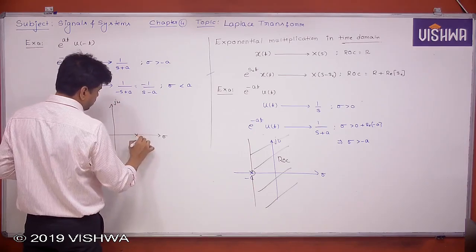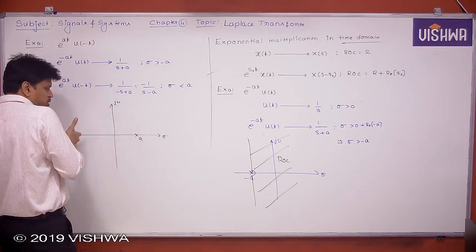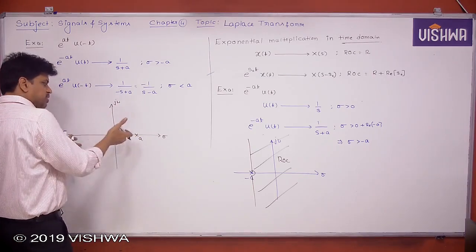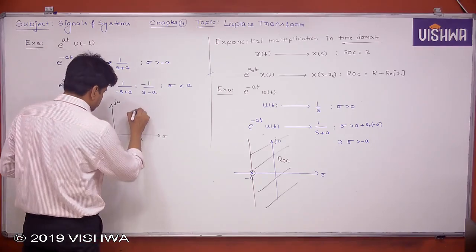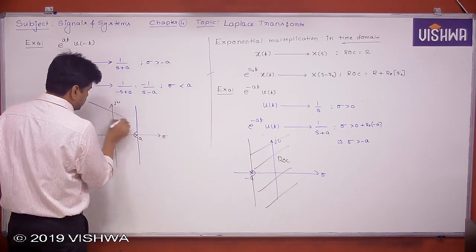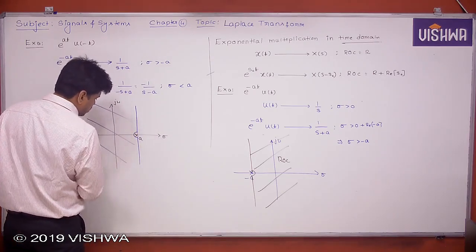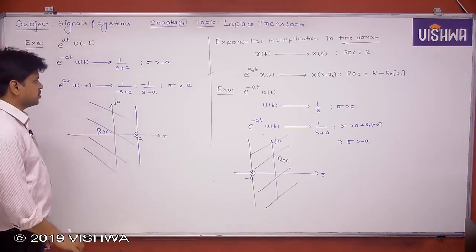Pole is a and it is a left sided signal. So we have to take ROC, which is left side to the pole, or we can say less than the pole. Then we are going to get ROC is nothing but sigma less than a. This is the ROC. Clear? Take it.